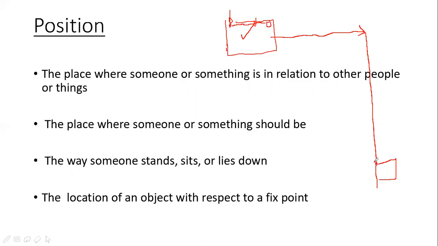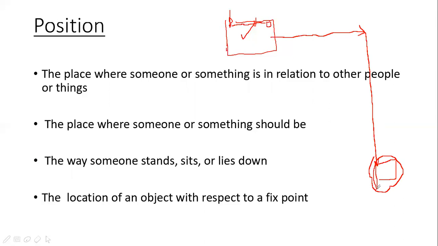You reach your school. So this is the location of your school with respect to your home. Location is the situation in which a body is. The location of an object with respect to a fixed point.